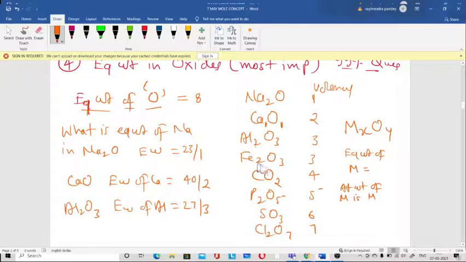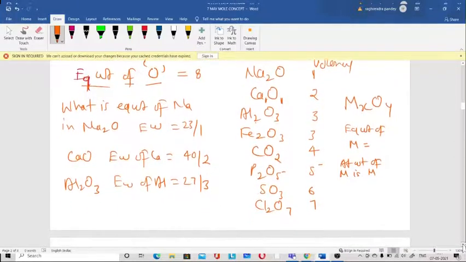Iron valency is 3. We have 2 and 3. Carbon valency is 4. We have only 2. Phosphorus valency is 5. We have 2 and 5. Sulfur valency is 6. We have only 3. Chlorine valency is 7. We have 2 and 7. So what you can infer from this?